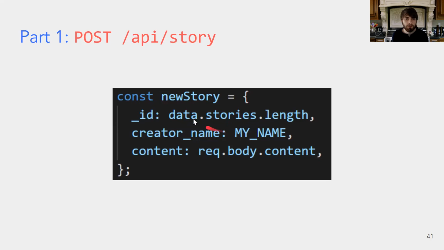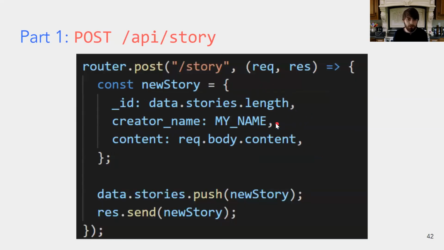So what I'm going to do is have a /story endpoint for the post, and it's going to have the same thing as in our data.stories, except we're going to fill them in with variables rather than hard coding them as we did before. And so it'll take a structure very similar to what we had before.